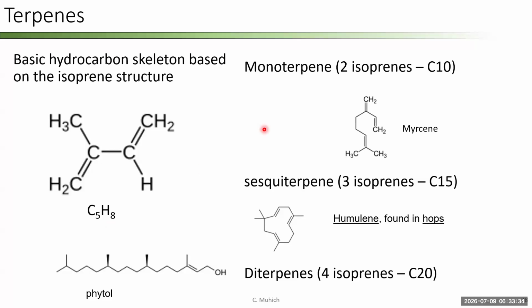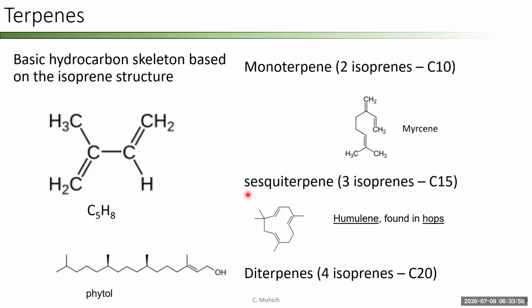In general, we find these materials in what are called monoterpenes, where there are two isoprene units. This gives us 10 carbons and 16 hydrogens, and as an example, we have myrcene.